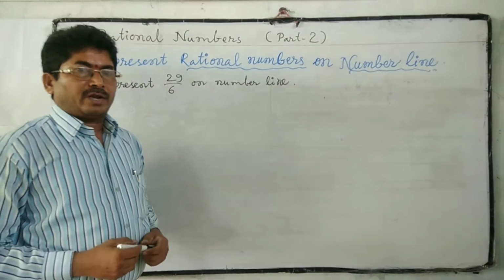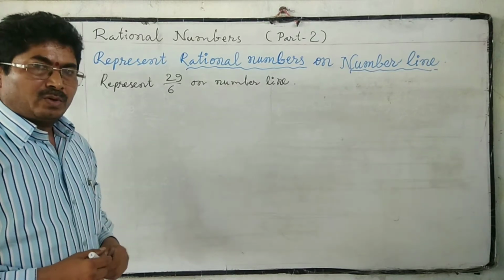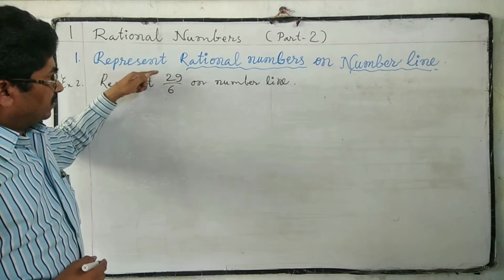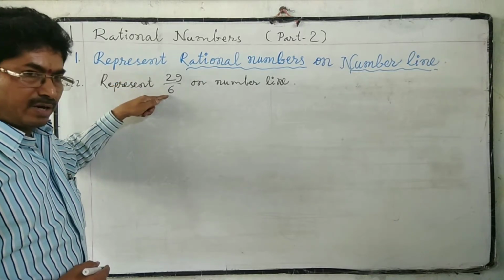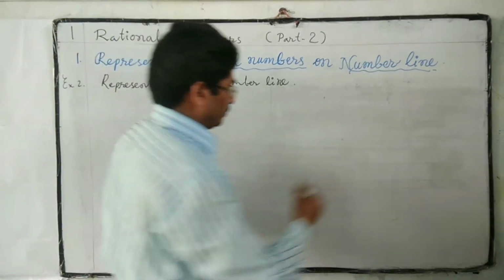Let us see one more example. Represent 29/6 on number line. This is an improper fraction, because the numerator is greater than the denominator. That's why we convert it into a mixed fraction.